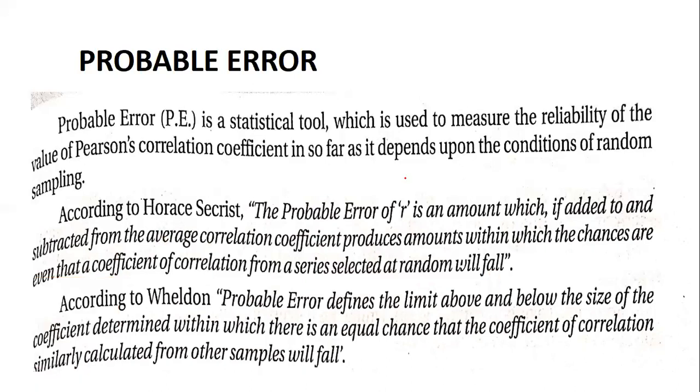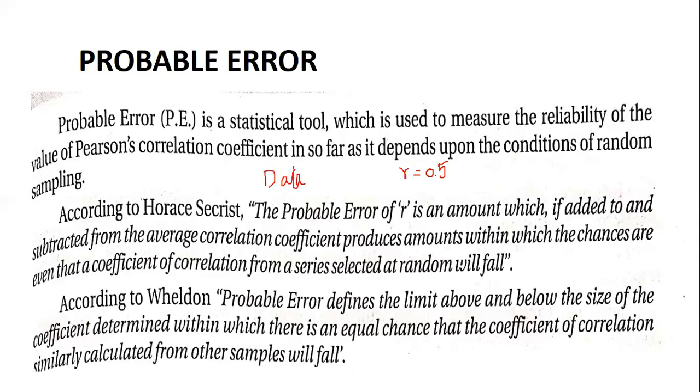Now let's say, for example, we have got a value of r. Let us say the value of r is 0.5. I will calculate this r value using the data given to me in the problem.